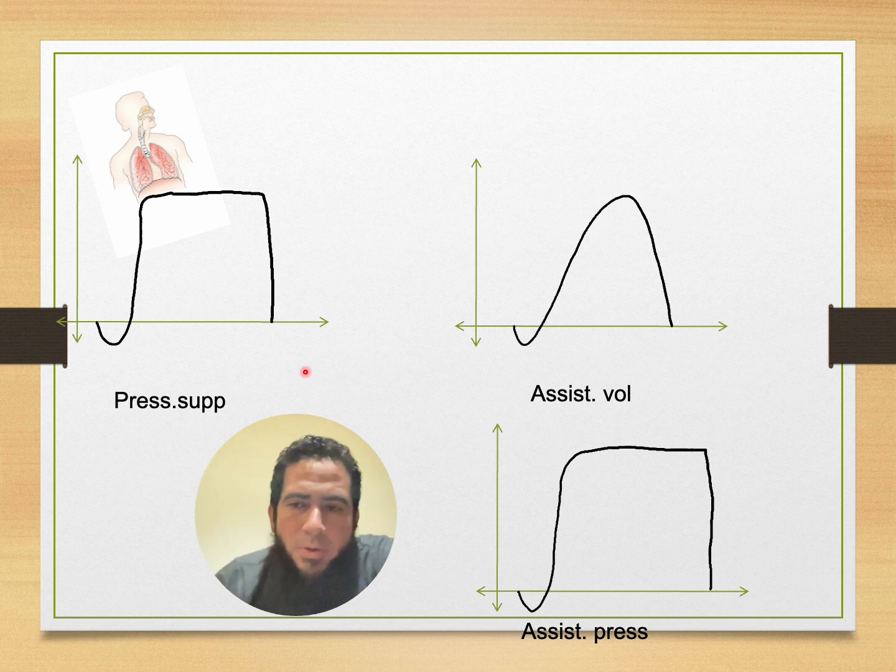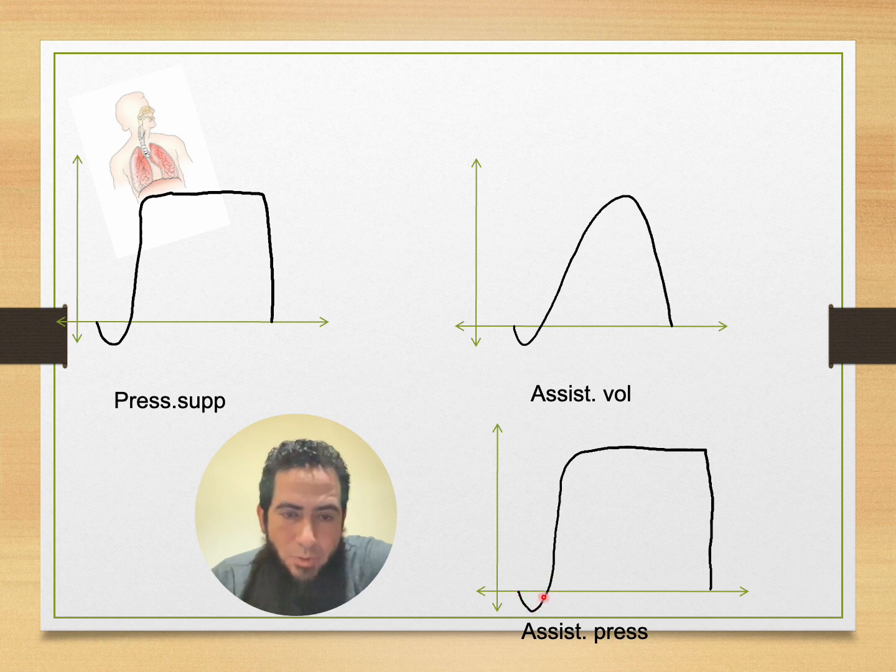So the pressure support is some sort of assist that can be added to any spontaneous breath during mechanical ventilation. Okay, so the pressure support is initiated by the patient, exactly like the assisted pressure control, and the target is to raise the pressure to a certain value, the same as the assisted pressure control.